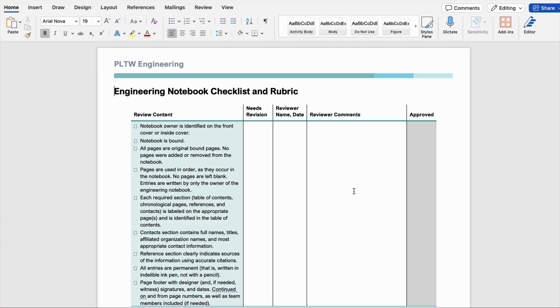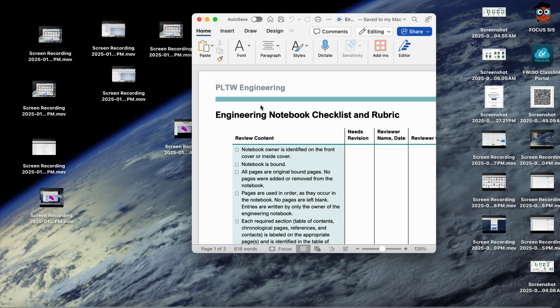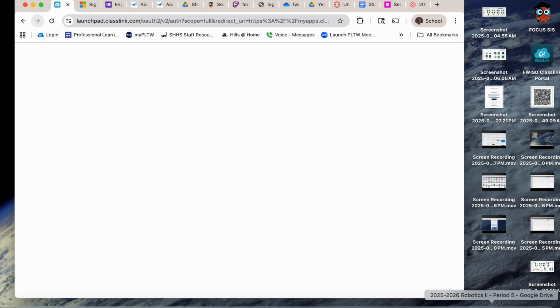Those are things I'm going to be looking for. So make sure that you are maintaining the notebook the way we need it to be maintained.